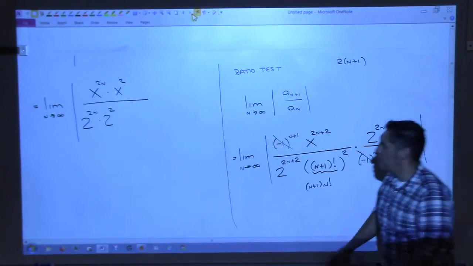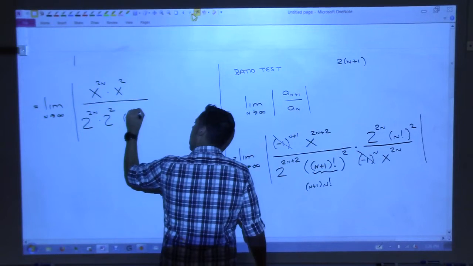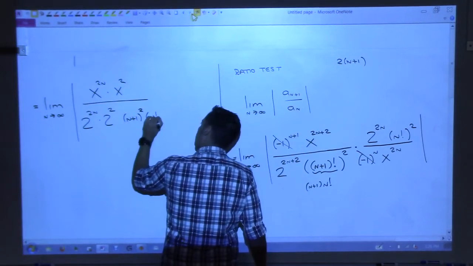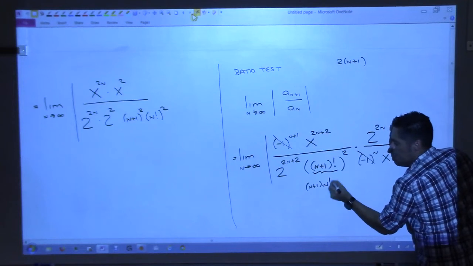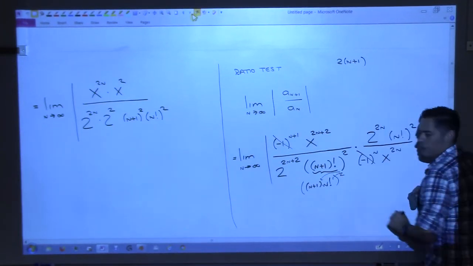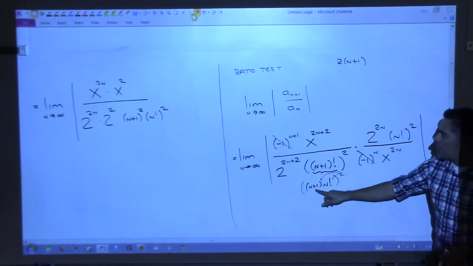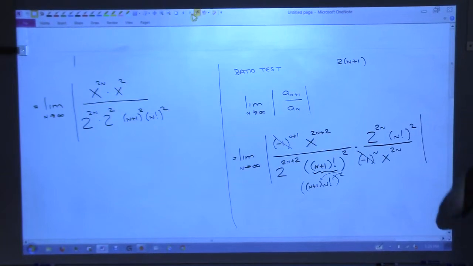So I'm going to rewrite this as n plus 1 squared times n factorial squared. Since there's multiplication between these, and these are being squared, I can square each one of these factors. When I square the n plus 1, I get n plus 1 squared. When I square the n factorial, I get n factorial in parentheses squared. See how nice that's going to be? It's going to cancel out.